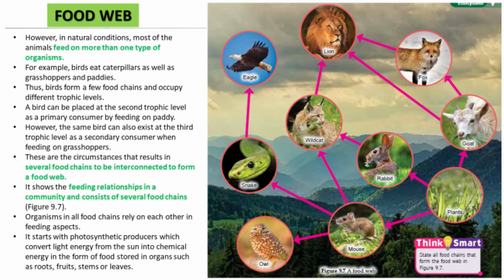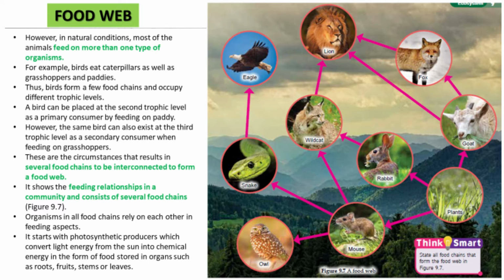These are the circumstances that result in several food chains being interconnected to form a food web. It shows the feeding relationship in a community and consists of several food chains. You can see from this diagram as shown in your textbook.